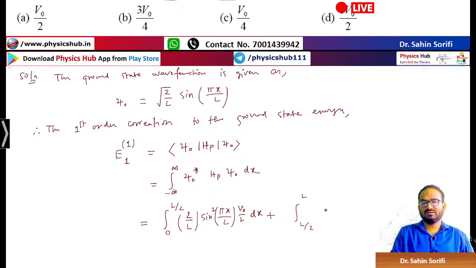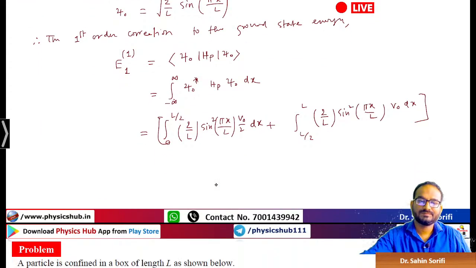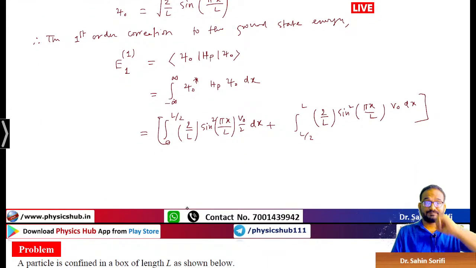Next, from L by 2 to L, what is the perturbation applied? Here it is V_0. The 2 gets cancelled, so you are left with V_0 by L sin squared(πx/L). We can multiply and divide by 2, so V_0 by 2L.